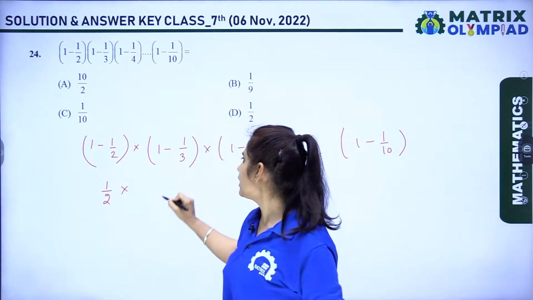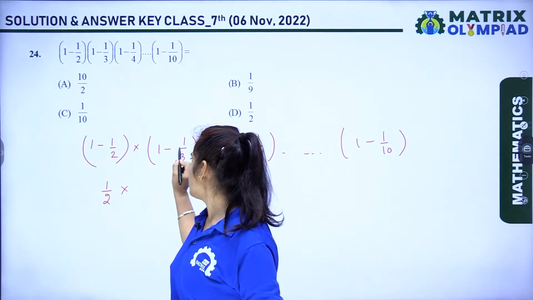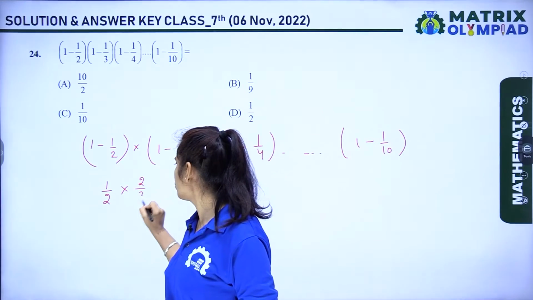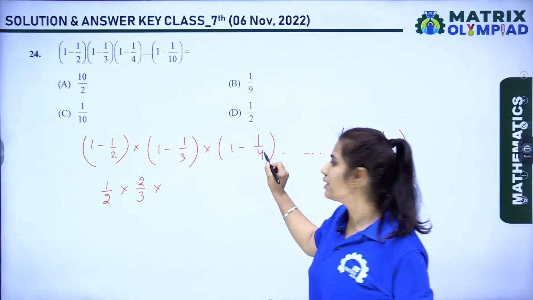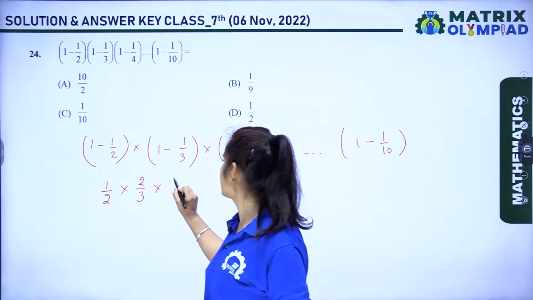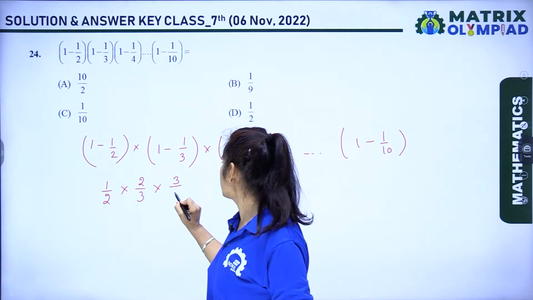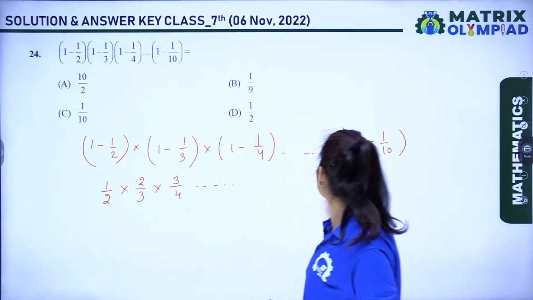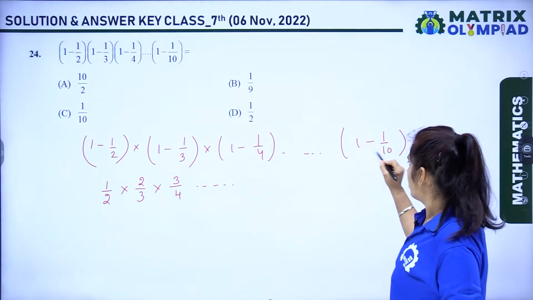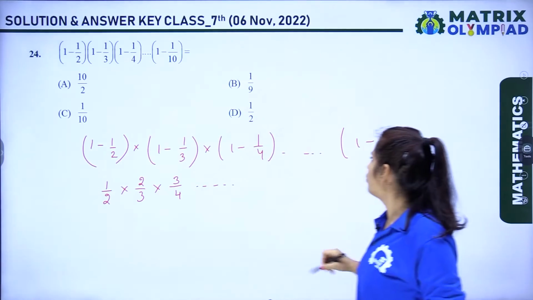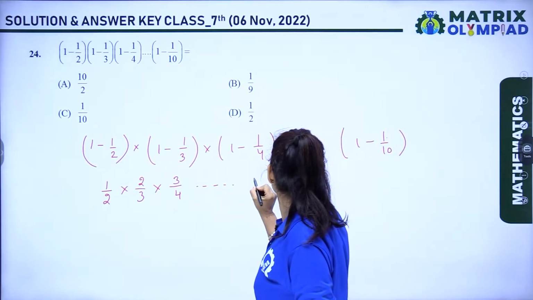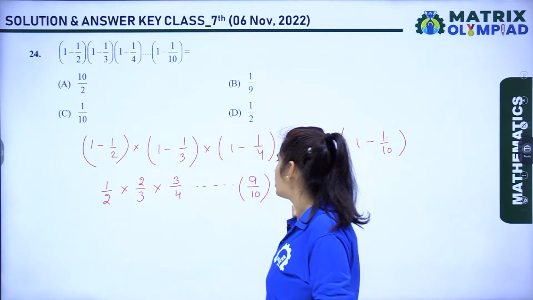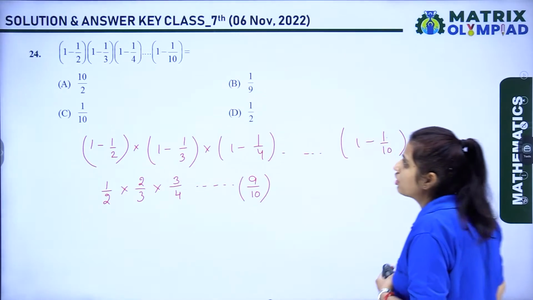Multiplied by, here we get 3 minus 1 is 2 upon 3. Then from the next bracket, we get 4 minus 1 is 3 upon 4, and so on till 1 minus 1 upon 10. Here we get 9 upon 10 at the end of this question.